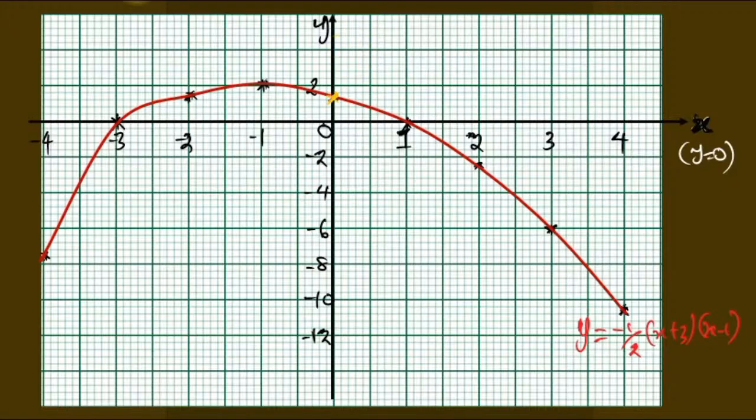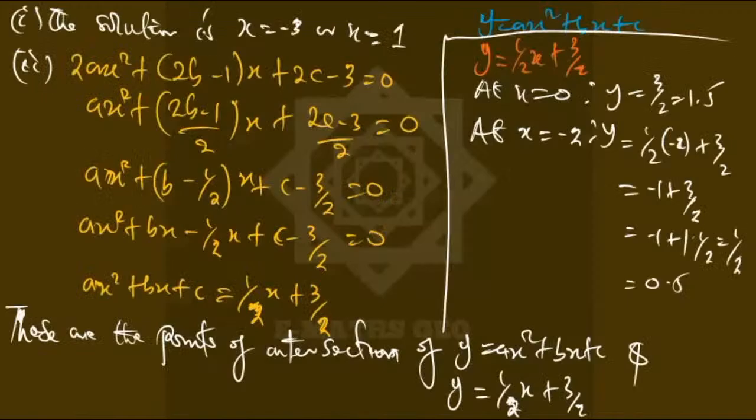I'm about to draw the line. That's my first point. And the other, when x equals -2, y is 0.5. So again, let's check 0.5.